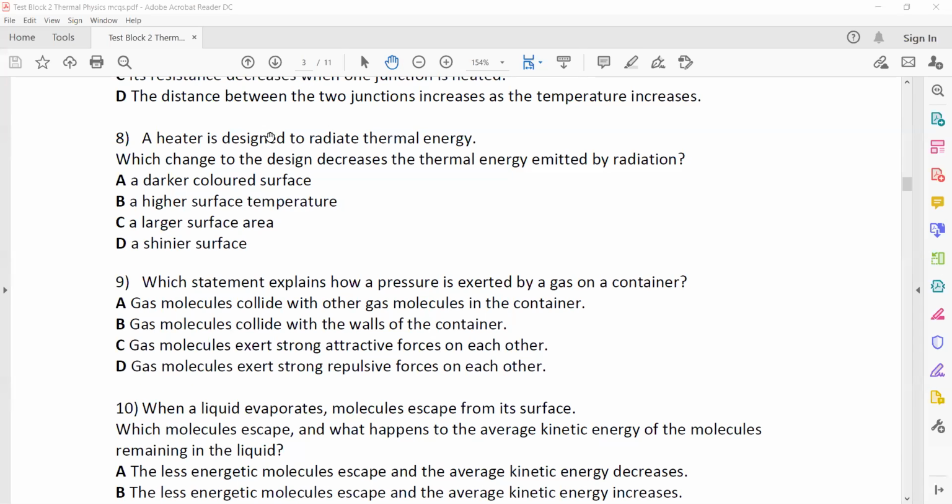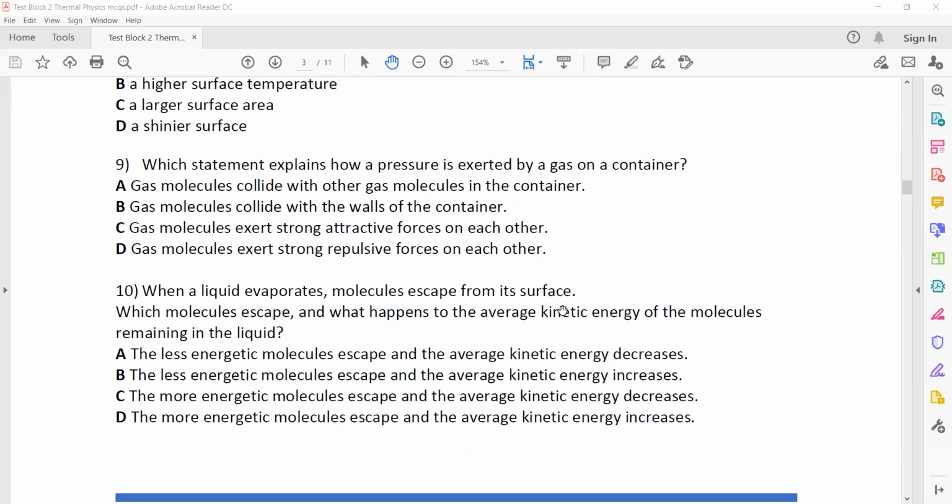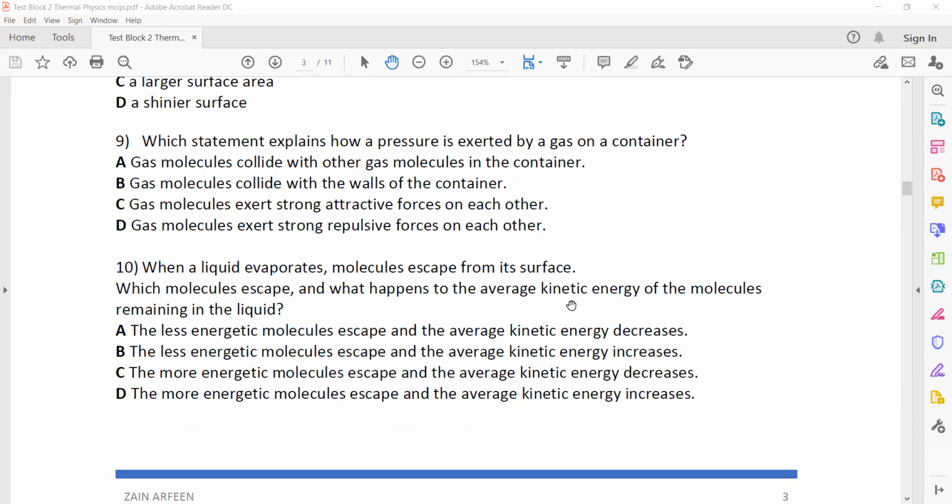Which statement explains how pressure is exerted by the gas on a container? Basically, how the gas molecules exert pressure on the container. Gas molecules are moving randomly, they collide with the wall of the container, they change the momentum, and that is responsible for the pressure. So the gas molecules collide with the wall of the container.